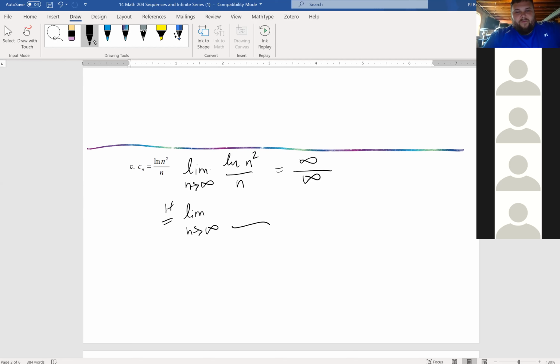So derivative of n with respect to n is going to be 1. Derivative of natural log of n squared is going to be 1 over the inside times the derivative of the inside.